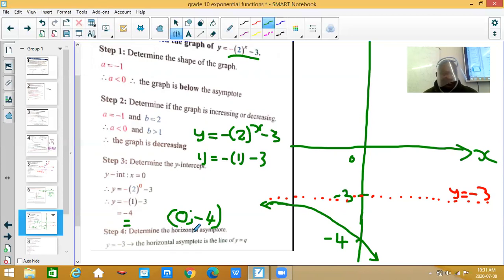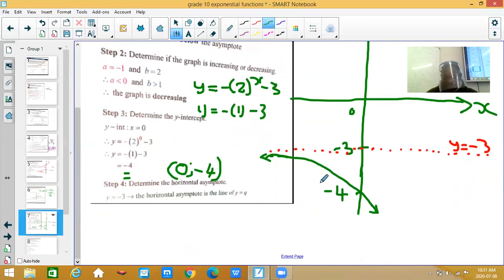I'm getting the point. Now, on finding the shape of this, we did not take any point to determine the shape. It's y is equal to negative 2 to the power x.